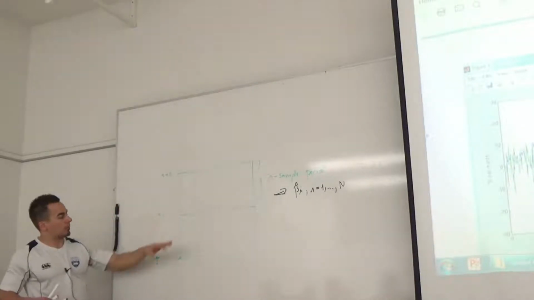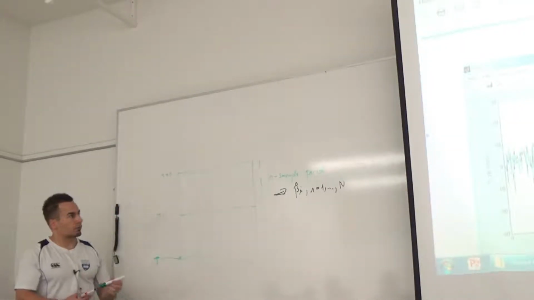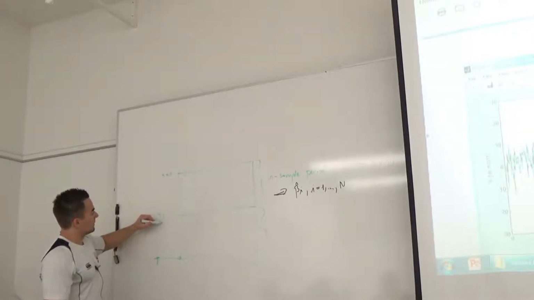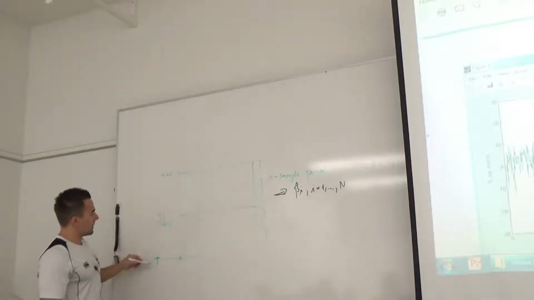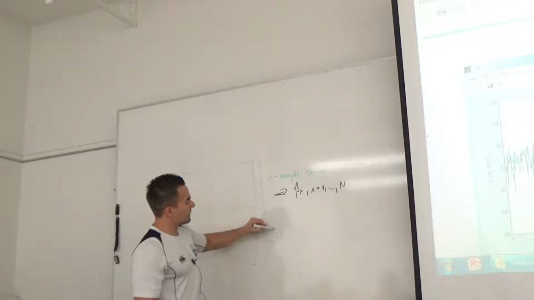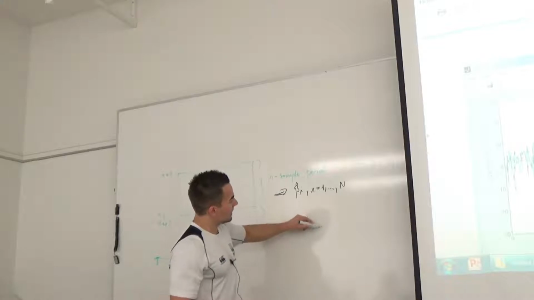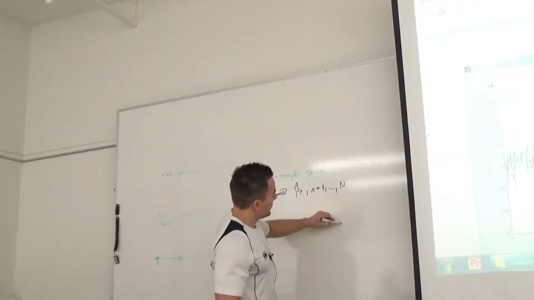What would have happened in the out-of-sample period? So you treat the second time period, which starts at T1 plus 1 until capital T, as the out-of-sample period.